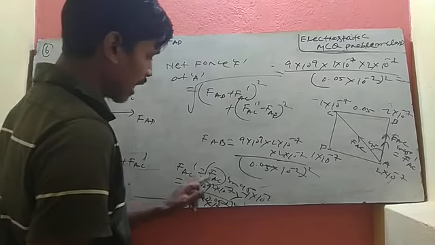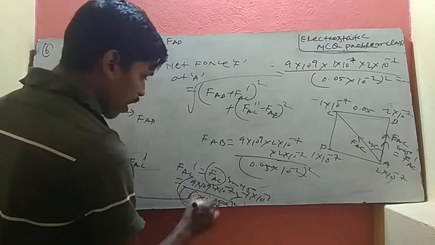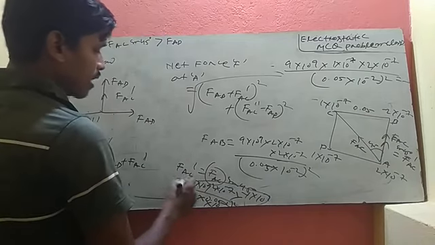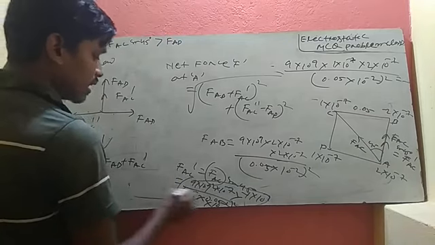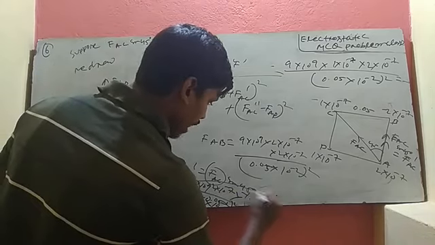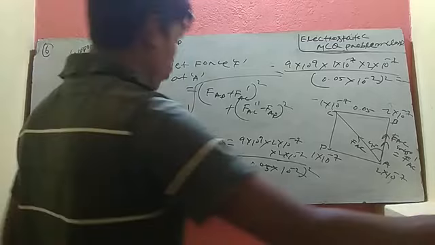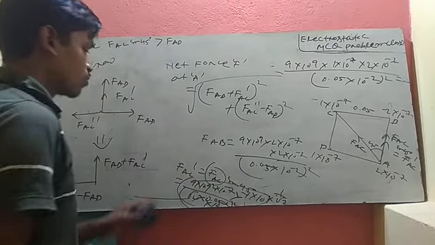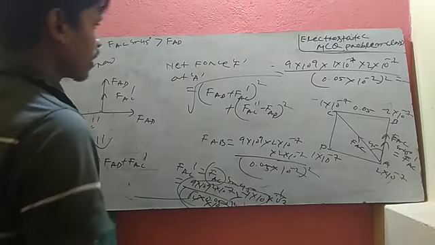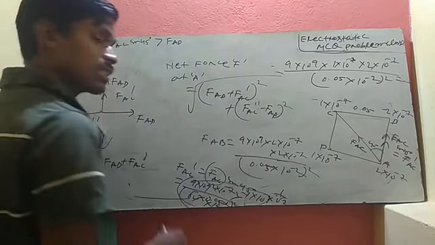FAC dash is this into sin 45, and sin 45 means 1 by root 2. Yes or no? Previous class we discussed. So FAC dash is calculated. Similarly FAC double dash is calculated.